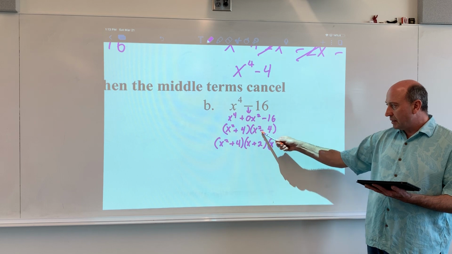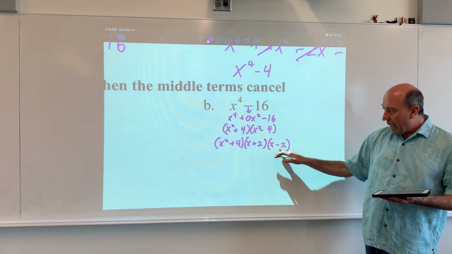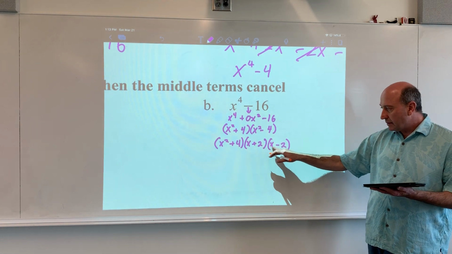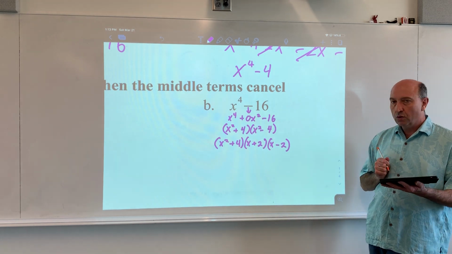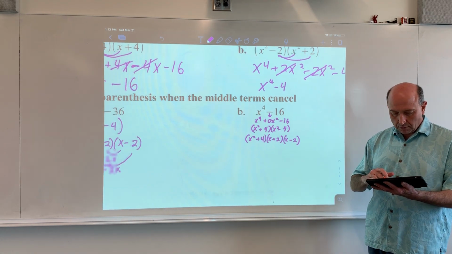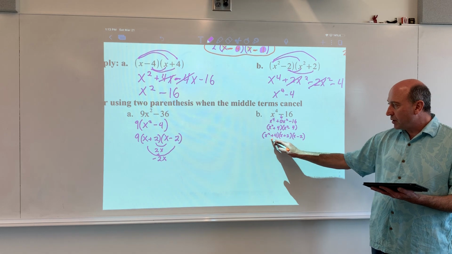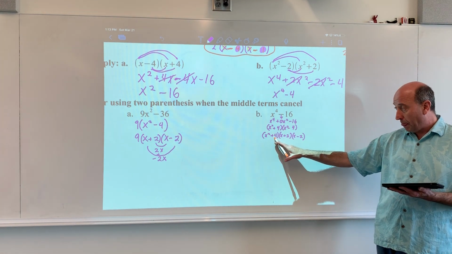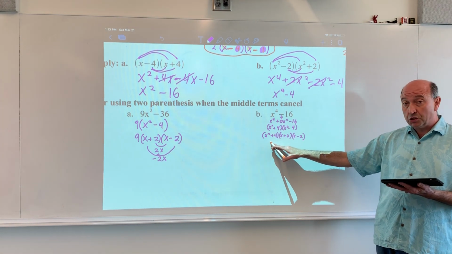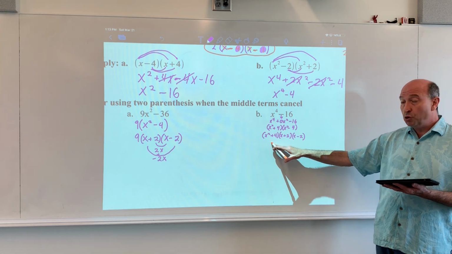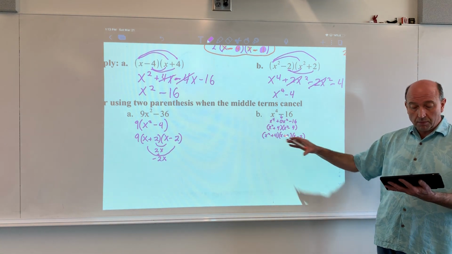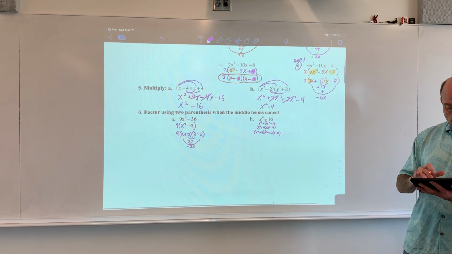A positive times a negative is a negative, and with a positive and a negative, I'll have a positive 2x and a negative 2x, which will cancel. I cannot factor x squared plus 4 anymore because I would need x plus 2 and x plus 2, but with two positives, the middle term will not cancel.